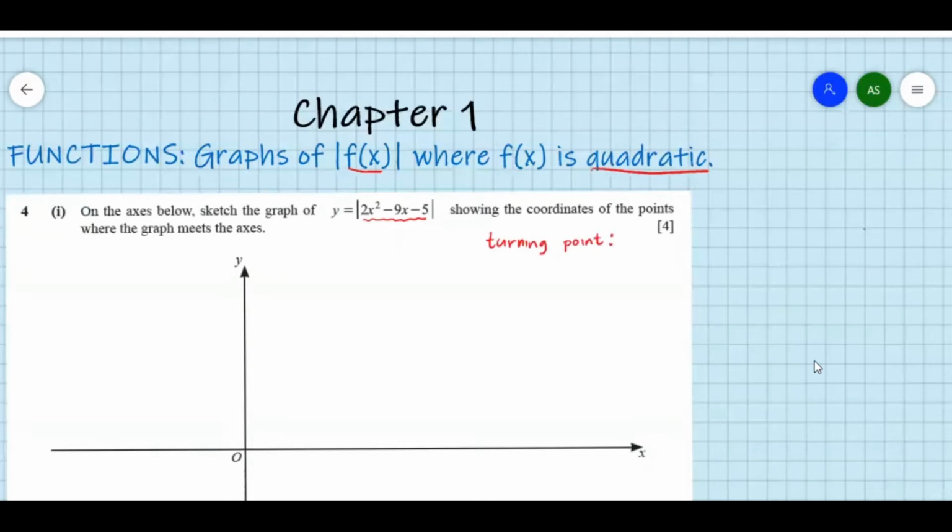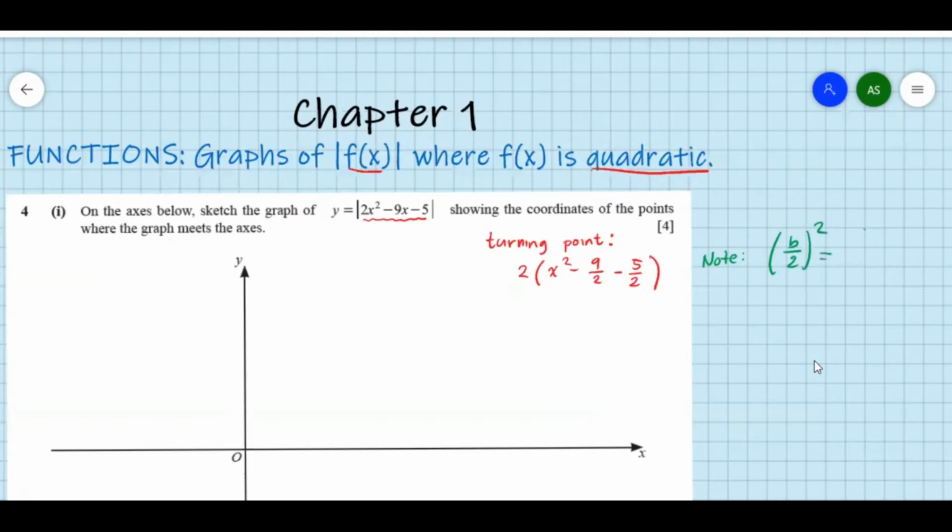And in order to find the turning point, we have to complete the square. So therefore, this can be expressed as 2 bracket x squared minus 9 over 2 x minus 5 over 2. In order for us to complete the square, we have to take note that we are using this formula to add or subtract a number.